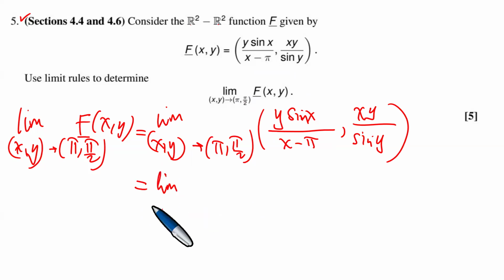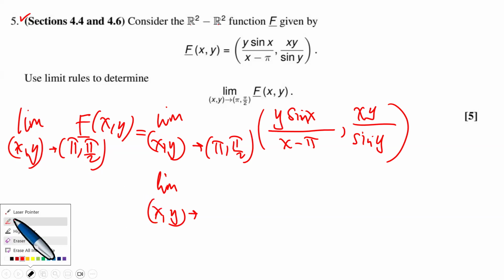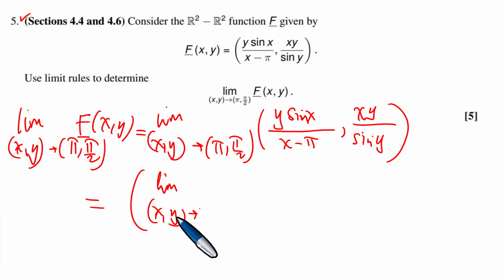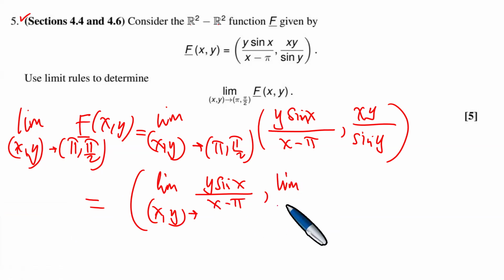So when I have the limit as x and y, we can put the round brackets, round parentheses, or these equals. This is y sine of x divided by x minus pi. And then now pi over 2 here.